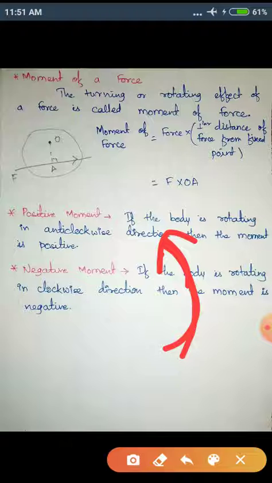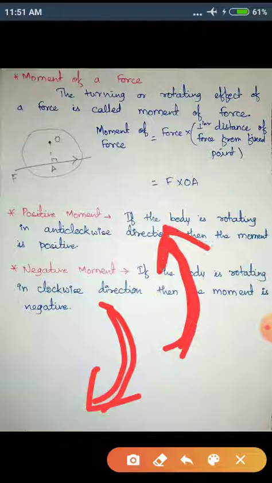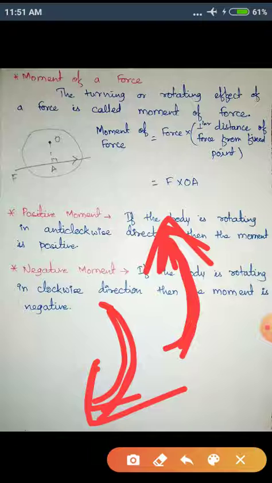If the body is rotating in clockwise direction, then this moment is called negative moment. It is very simple. We know how the clock moves. Anti-clockwise means opposite to the direction of the clock, and clockwise means in the same direction as the clock moves. Therefore, positive moment is if the body moves in anti-clockwise direction. Negative moment is if the body moves in clockwise direction.